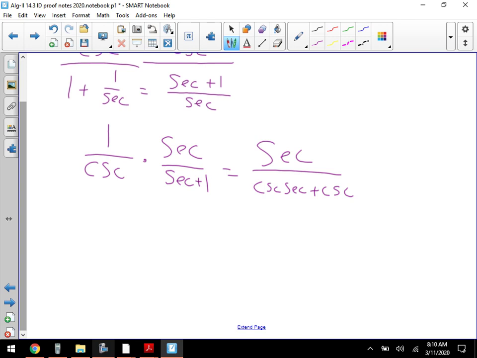Cosecant, secant, doesn't really get me anywhere. I don't think it gets me there either. My notes on this, I don't look at my notes. I don't know if that gets me there for some reason.